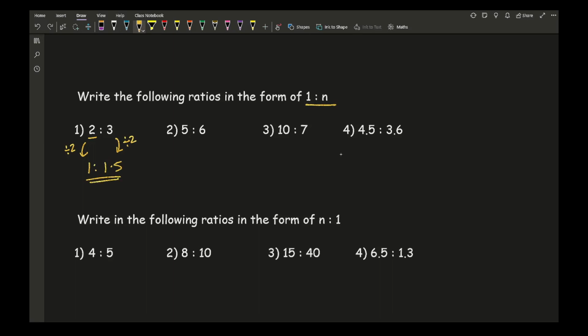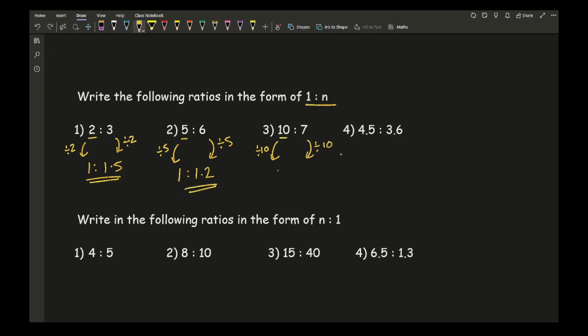Now again, typically you shouldn't be writing with decimals, but because I want it in this form, it's allowed. So here I want to change the 5 to a 1, so I'm going to divide by 5, and whatever I divide the first number by, I need to divide the second number by. So 5 divided by 5 is 1, and 6 divided by 5 is 1.2. And here I want to convert the 10 to a 1, so I divide by 10.